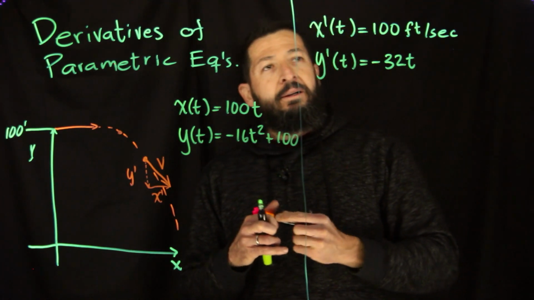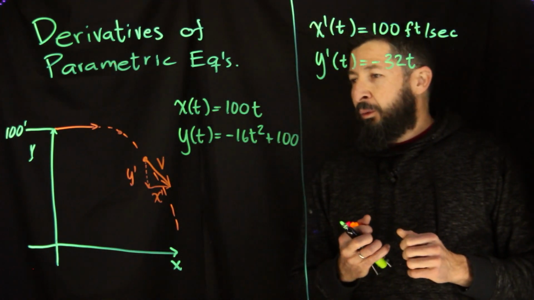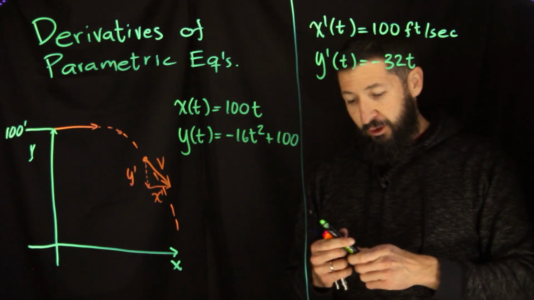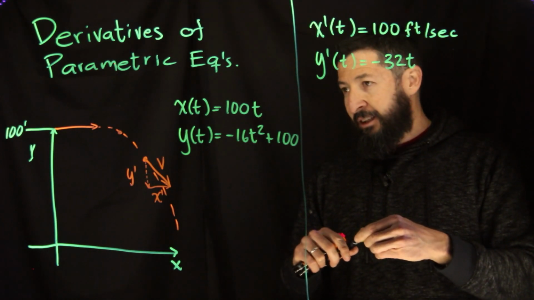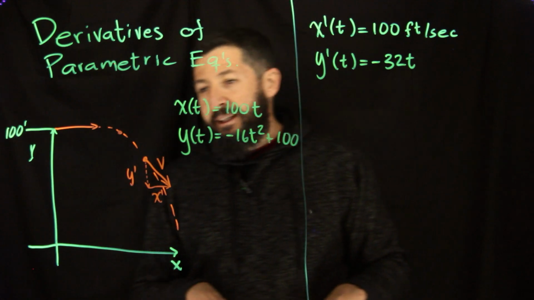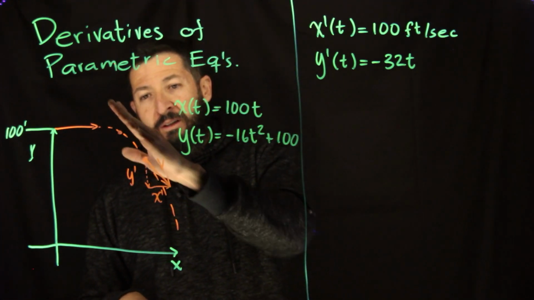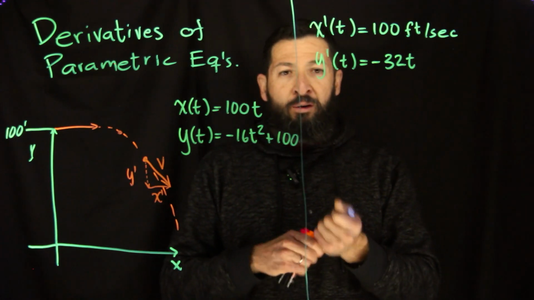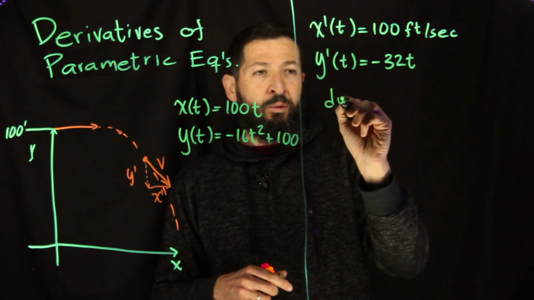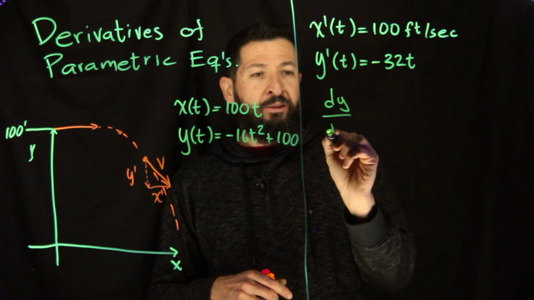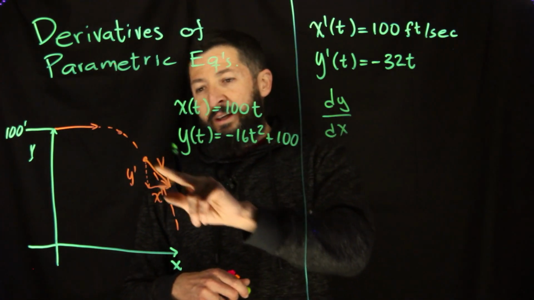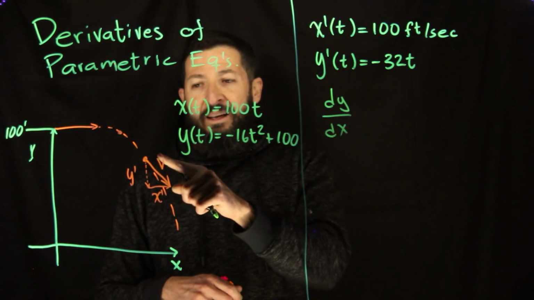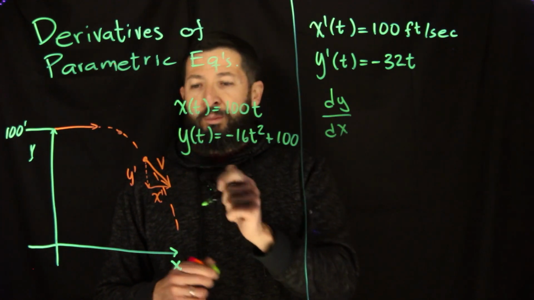But now I may also consider, what is given that curve, the slope of the tangent line here is going to be telling me how fast the y coordinate is changing with respect to the x coordinate. So this vector right here gives me the velocity with respect to time.